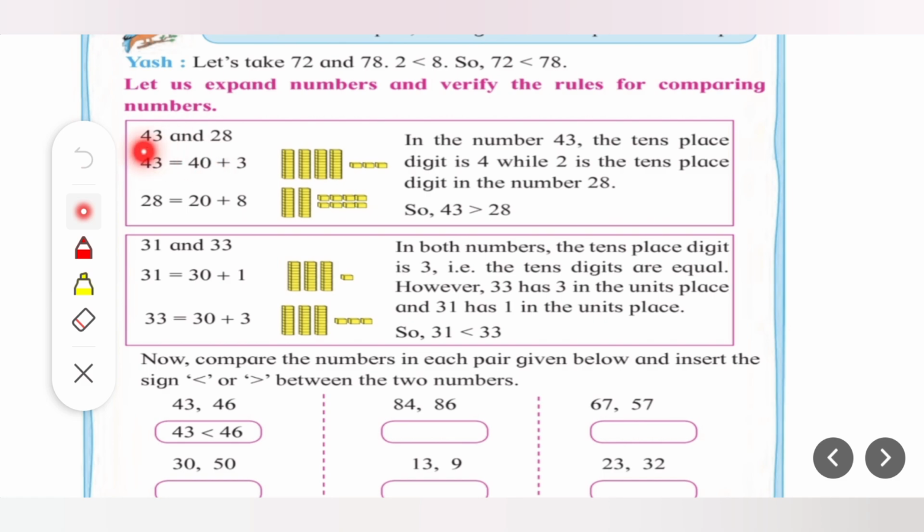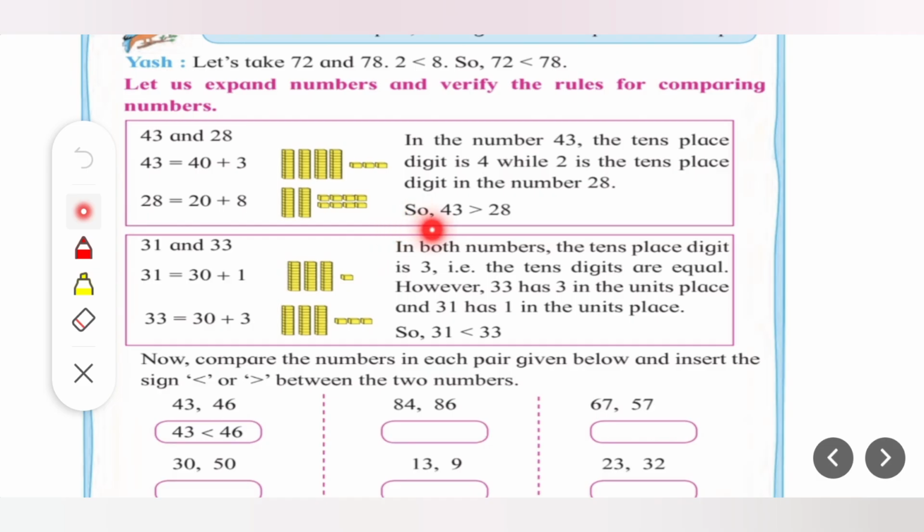Here 4 is in the tens place in 43, and in 28, 2 is in the tens place. Let us expand the number 28 as well: 28 is equal to 20 plus 8. 2 tens and 8 units.